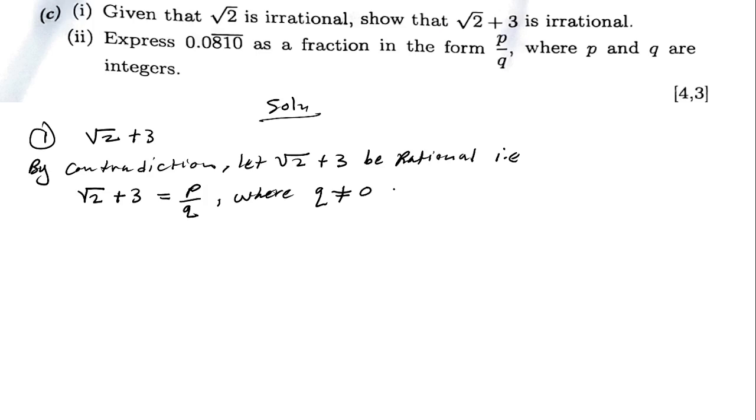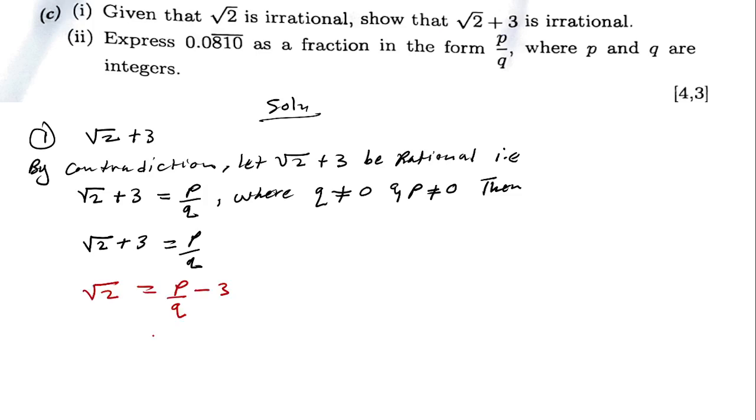Then you are now going to say square root 2 plus 3 is equal to P over Q. 3 will go to the other side, so you are going to have square root 2 is equal to P over Q minus 3.